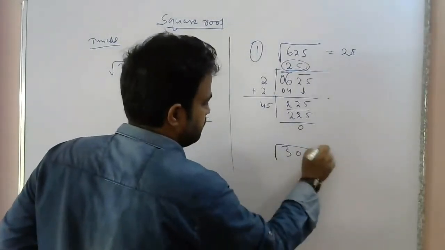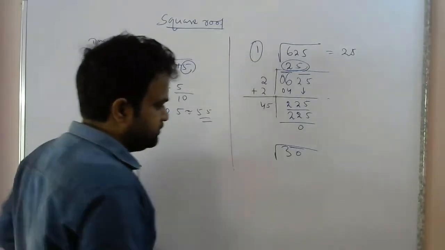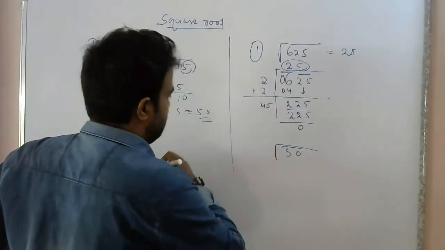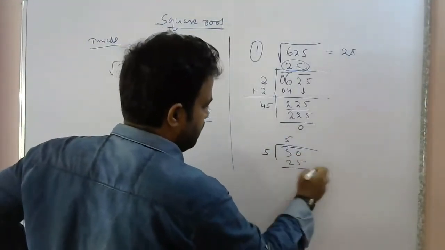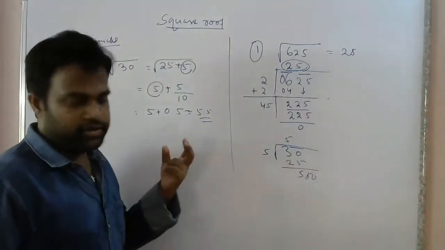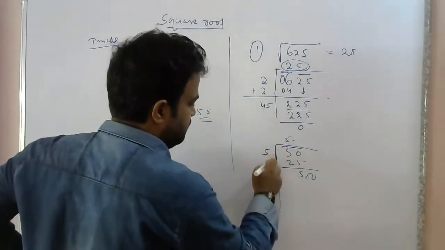30. So both digits you can take at a time. So it will come 5, 5 5 are 25. Now 00 at a time, doubled. Everything will be taken in pairs, so the point will come. Now 5 will add.